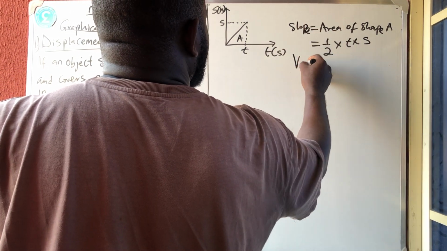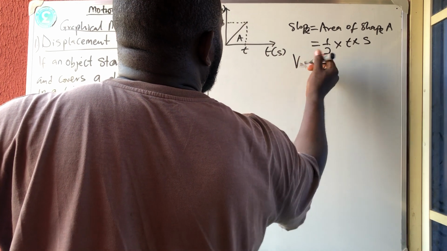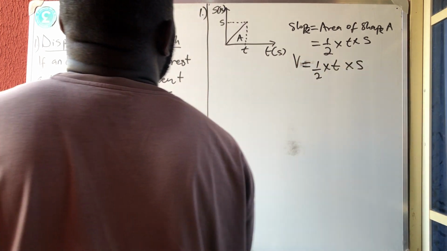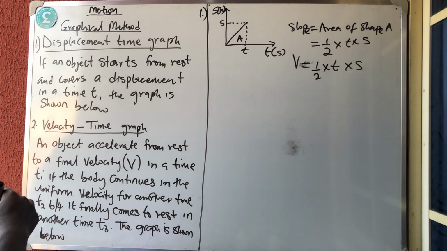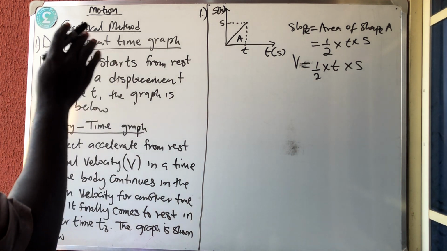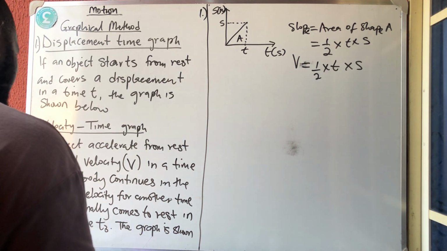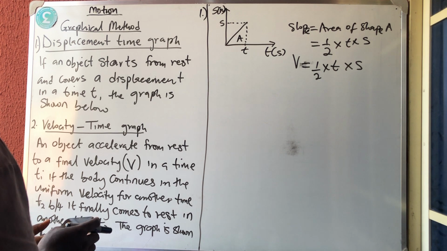So the velocity v is equal to 1/2 times t times s. Anytime you are using a graph, the slope is equal to the sum of the total area that you are having there.